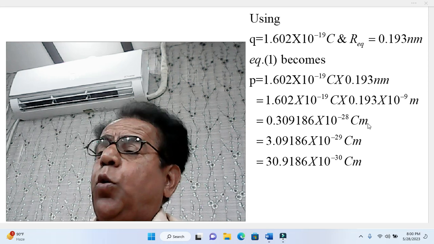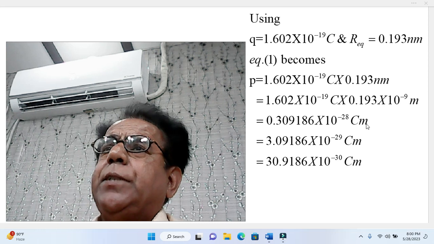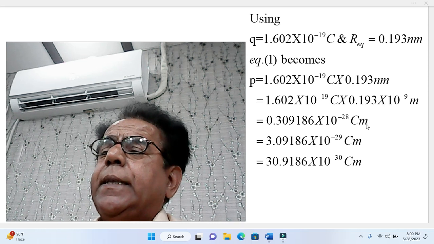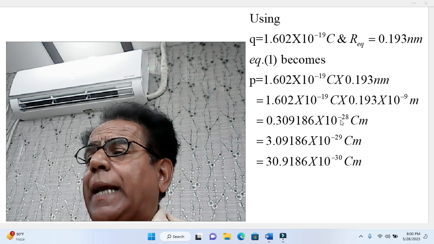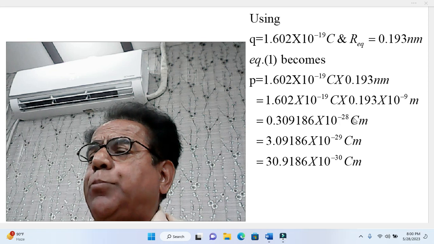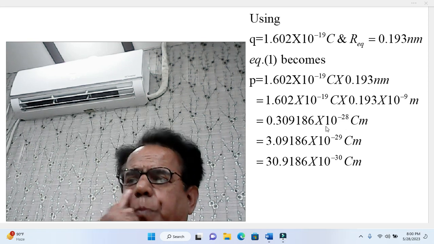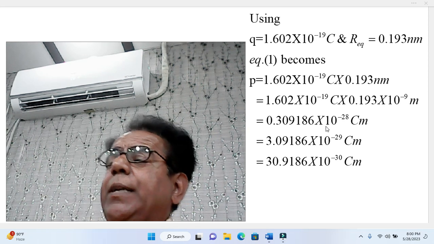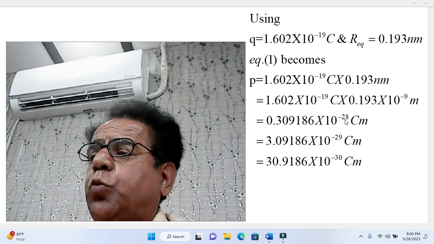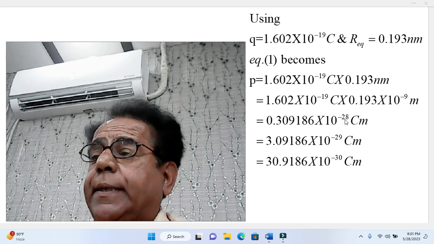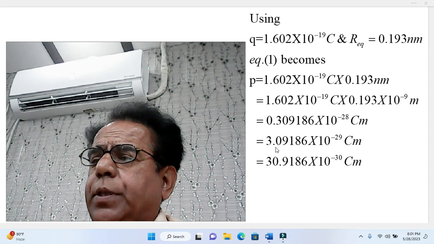But now we are going to adopt that fashion which mostly appears in books of physics. The pattern is that this quantity is usually in terms of 10 raised to the power minus 30. So in order to convert this figure into 10 raised to the power minus 30, we will convert this figure into 3.